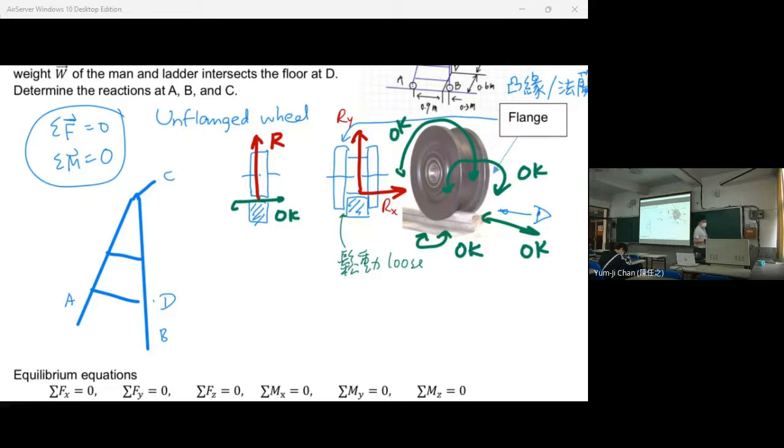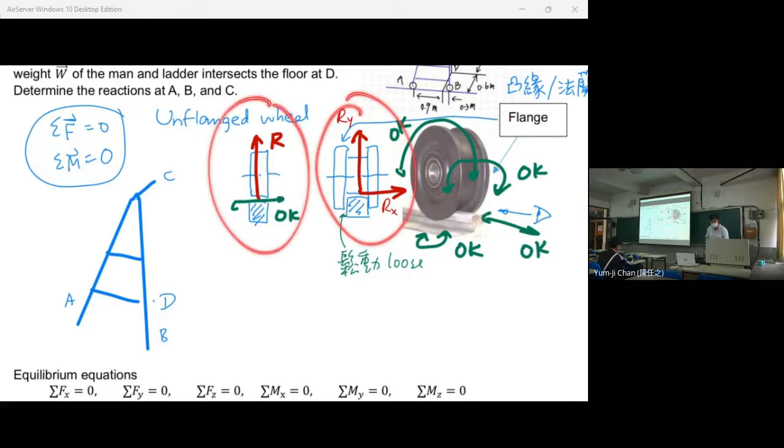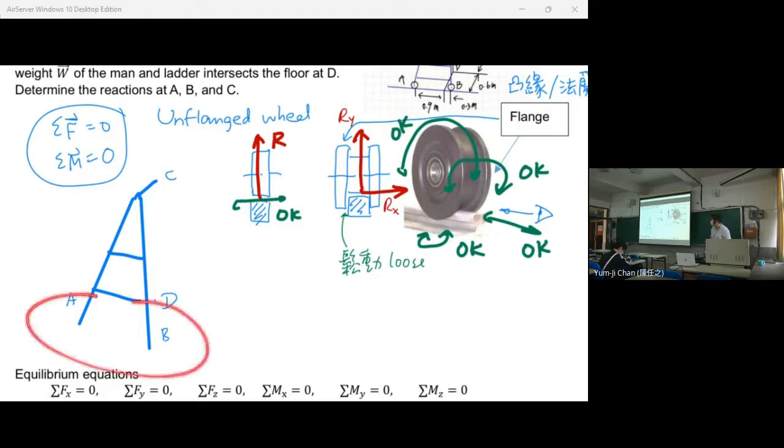So we have the flange wheel and the unflanged wheel, and we put them into the free body diagram.